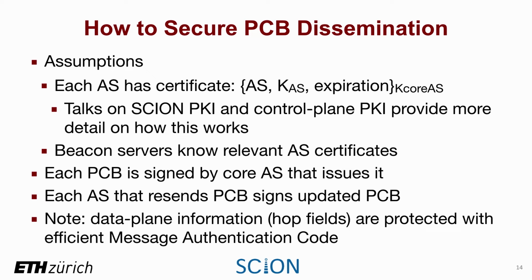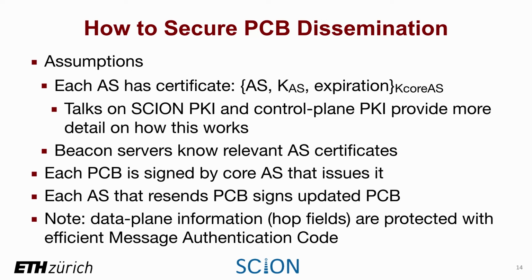Later, we have a talk on the SCION public key infrastructure and also another talk on the control plane PKI, where you can get more details how this exactly works. But for now, we assume each AS has this certificate, and also there are ways to disseminate these certificates within the network. We also assume that beacon servers know these relevant AS certificates that are needed to verify each PCB.